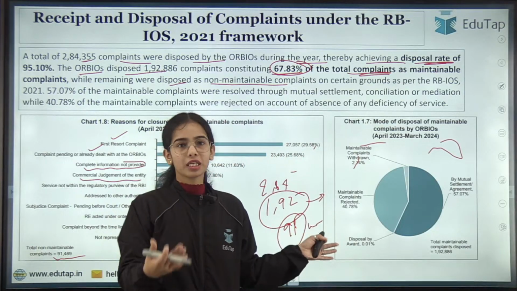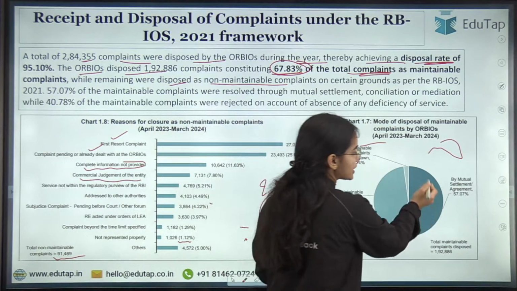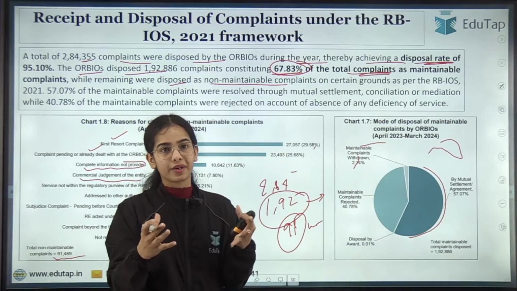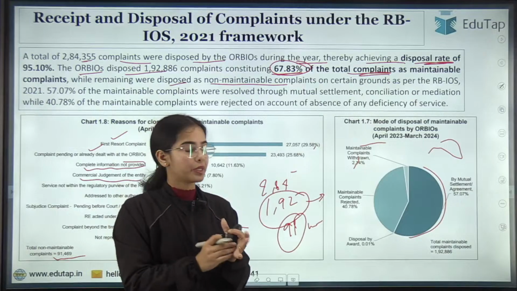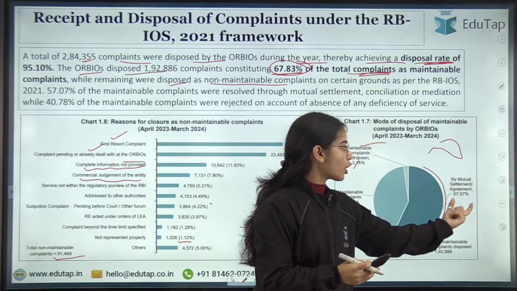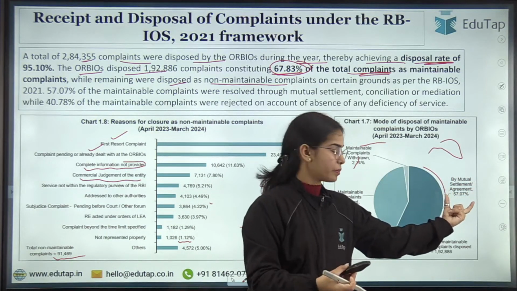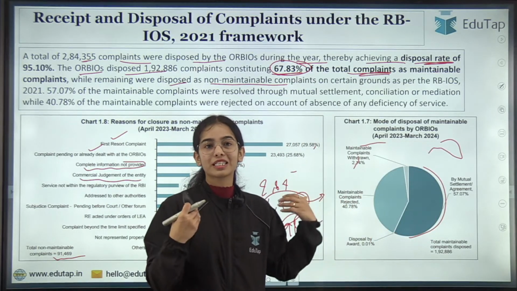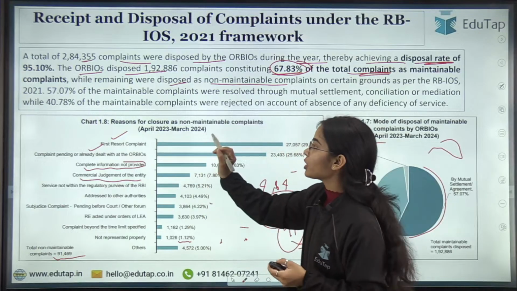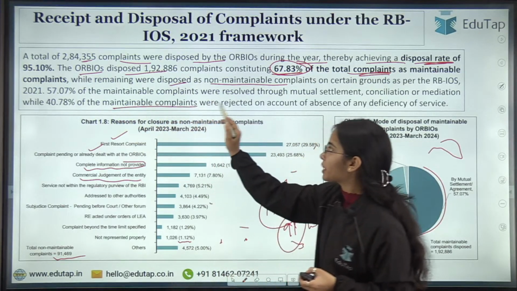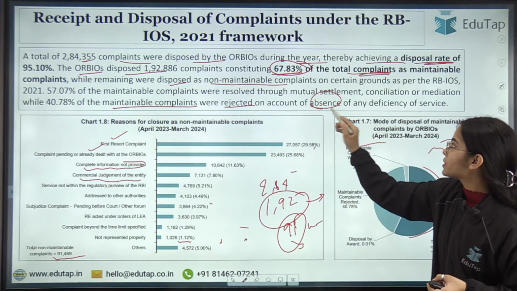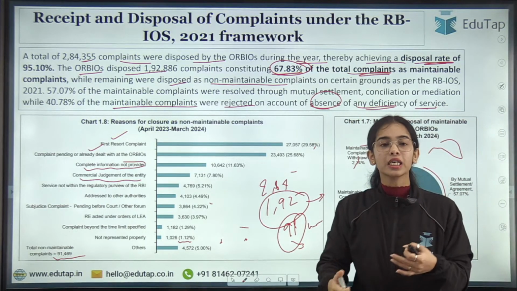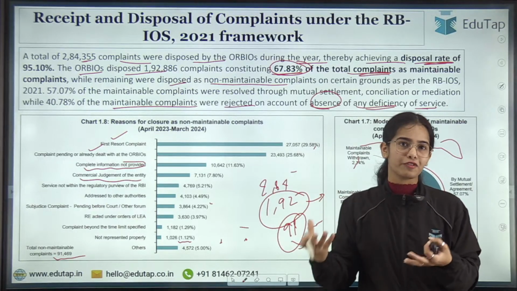Out of the maintainable complaints, let's say maintainable complaints are 100. Out of the total maintainable complaints, 57% were resolved through mutual settlement or agreement, while 40% were rejected. Why is it so? 40.78% of the maintainable complaints were rejected on account of absence of any deficiency of service, because it was recognized that the service was not deficient.